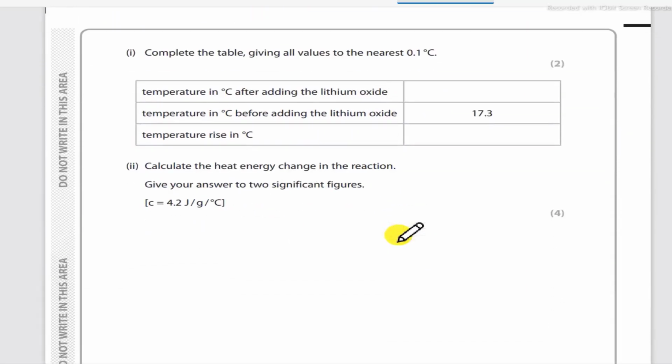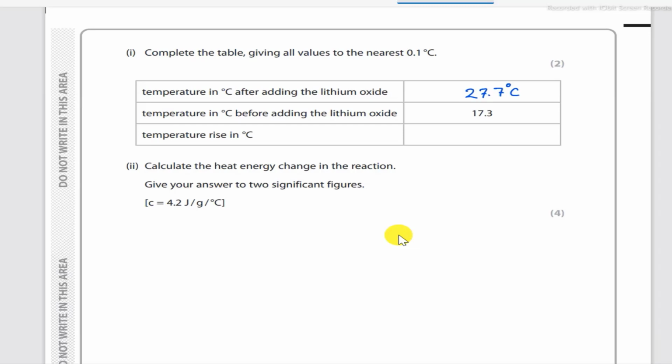Complete the table giving all values to the nearest 0.1 degree Celsius. Temperature in degrees Celsius after adding the lithium oxide, 27.7 degrees Celsius.